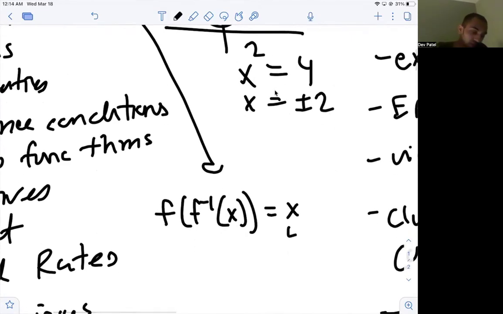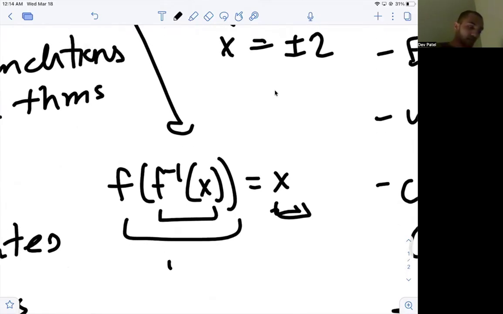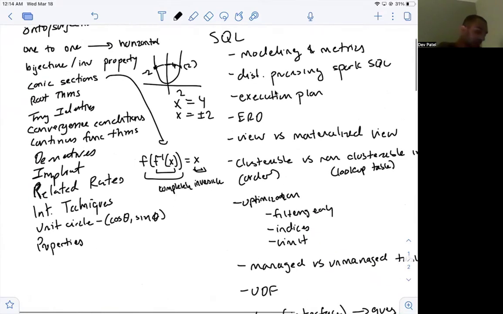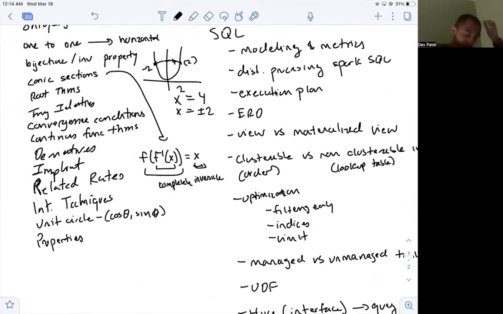So if you take x, compute its inverse, and plug it back into the original function, you should get back x. So this is completely invertible, and you can see that the inverses are true inverses.